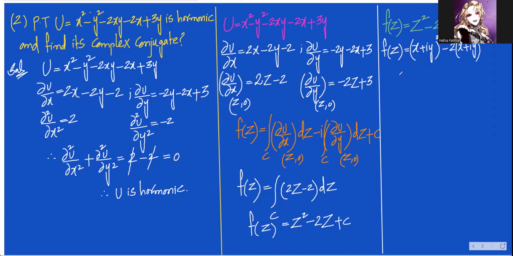So I can expand this as a square, b square; b square value is minus y square here; 2ab means plus 2i xy; minus 2x minus 2i y.